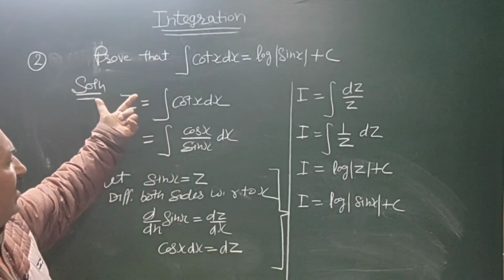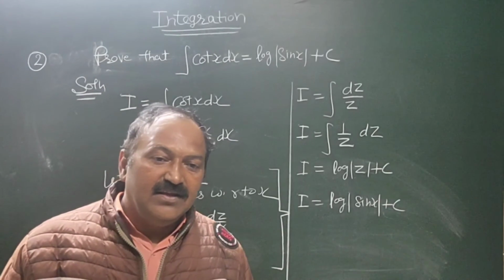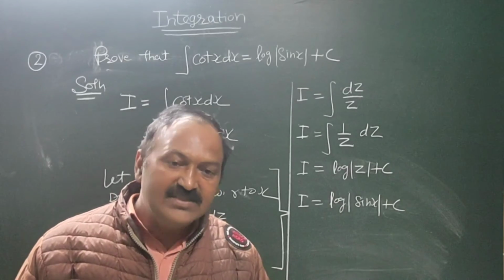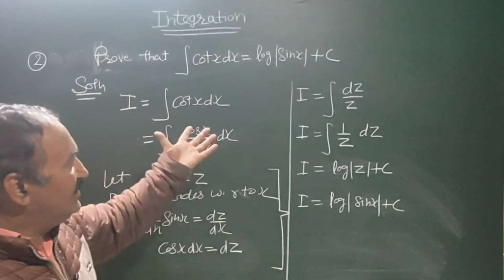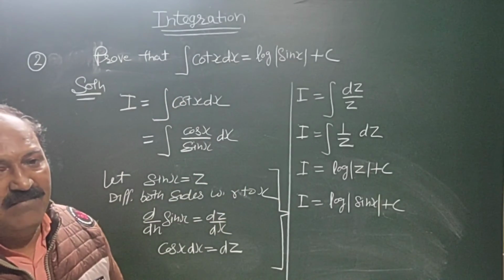So this is the formula that integration of cot x is log of sin x modulus plus c. By substitution method we can prove this formula.